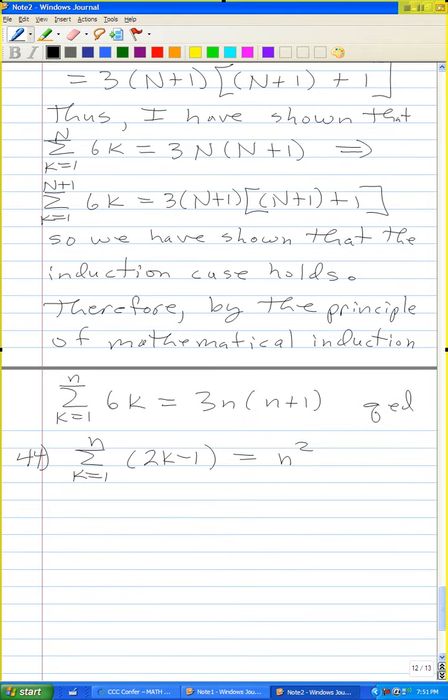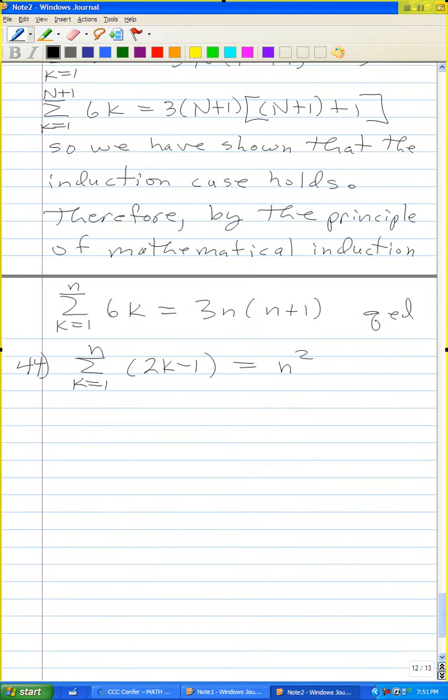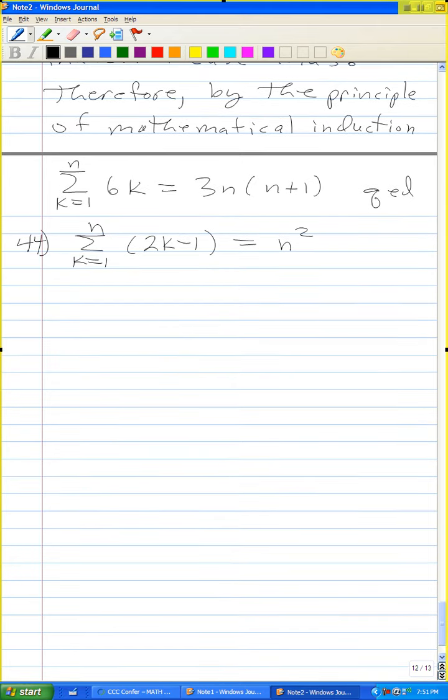Okay, so let's prove this by mathematical induction. We showed it by actually calculating it. Let's actually prove this by mathematical induction. So let's look at the initial case. Let's do the sum k equaling 1 to, well, let's replace n by 1 for the initial case, of 2k minus 1.